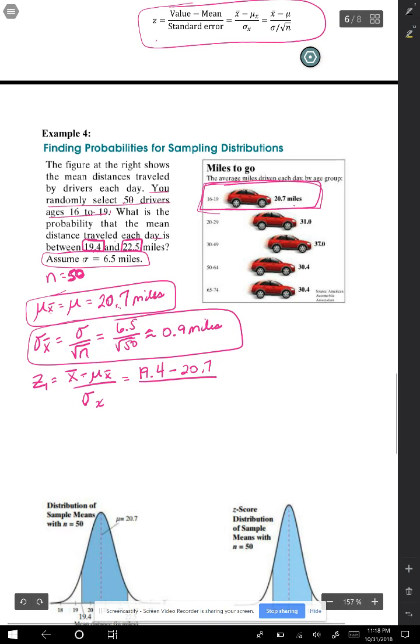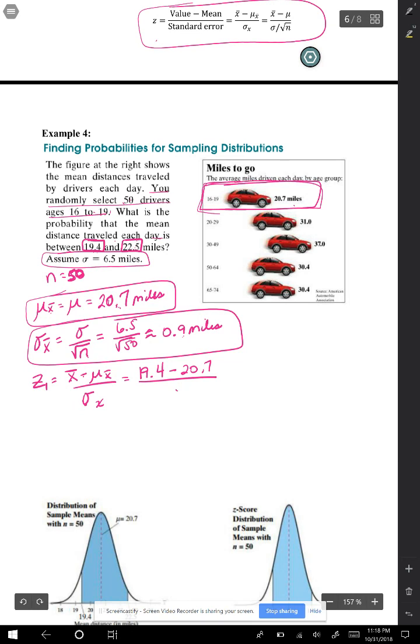But what you're going to notice here is it's going to be necessary, because I've noticed some people missing these on tests, because we round too soon in the problem. If I use just 0.9 in this problem that I'm about to do, it's going to throw my answer off.